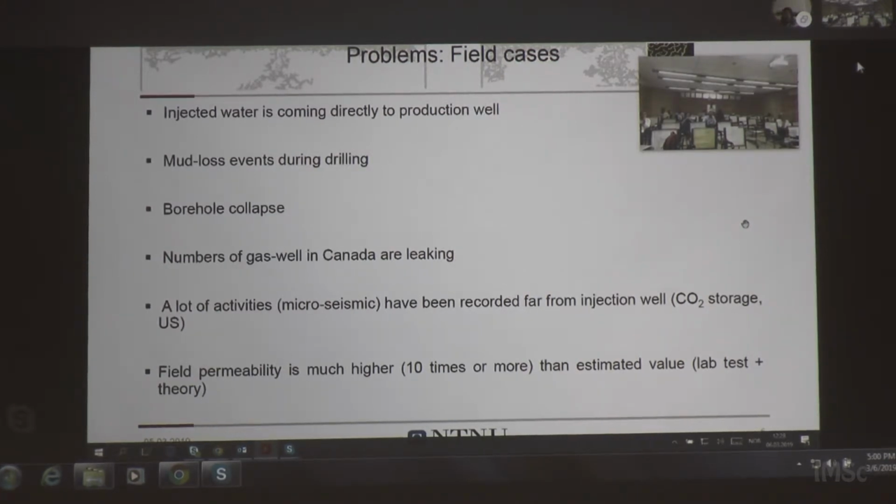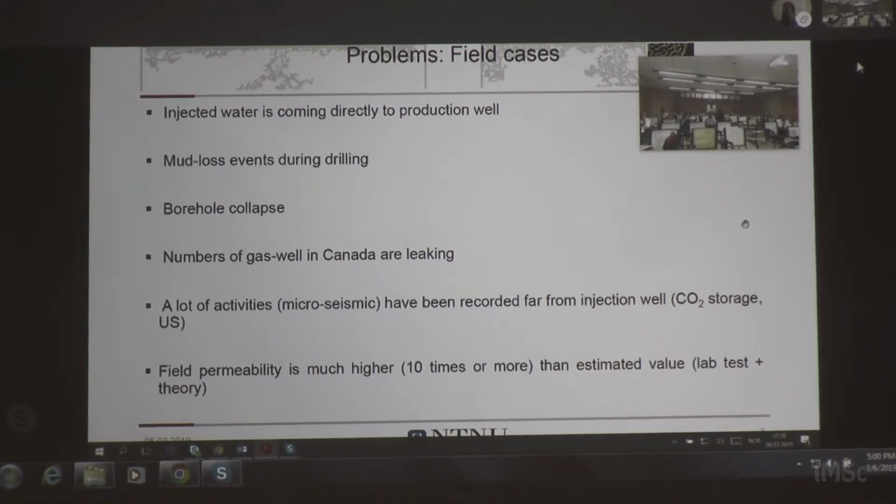Now I'm going to present some problems in field cases that the operators often face, that sometimes the water you have injected is directly coming out from the production well. So you are not getting any benefit. You are pumping water and getting back water.